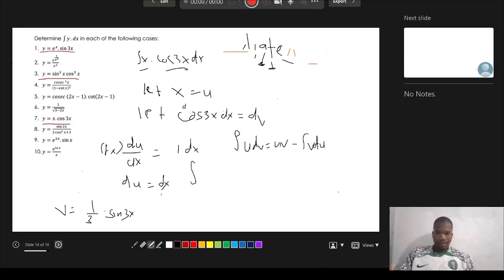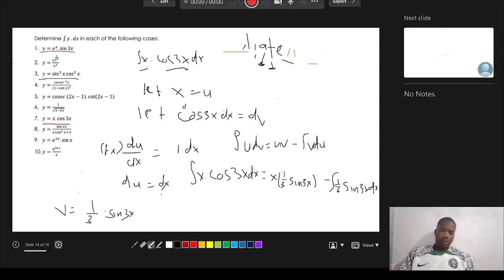So the integral of x cos 3x dx is equal to x multiplied by 1 over 3 sine 3x, minus the integral of 1 over 3 sine 3x dx, right?